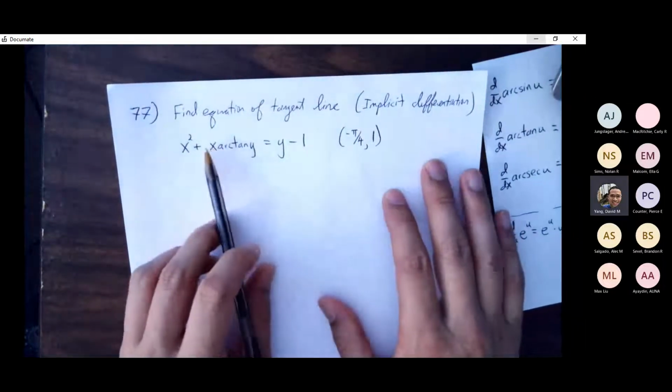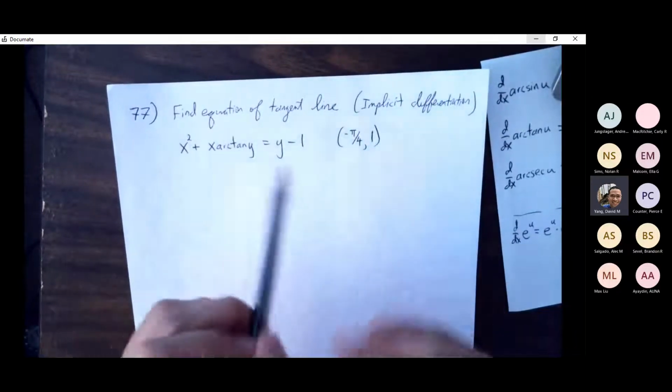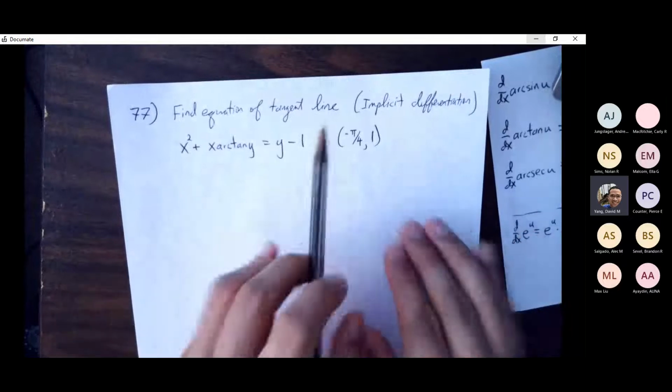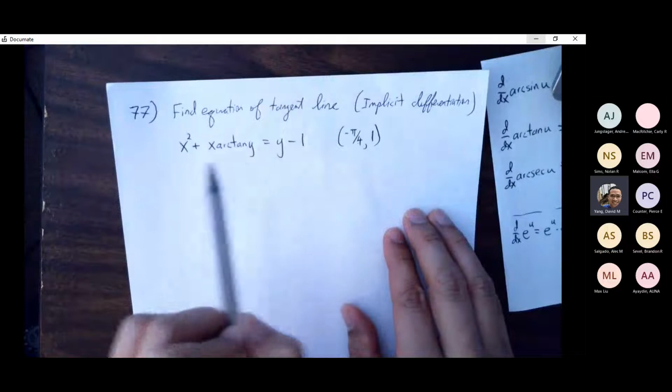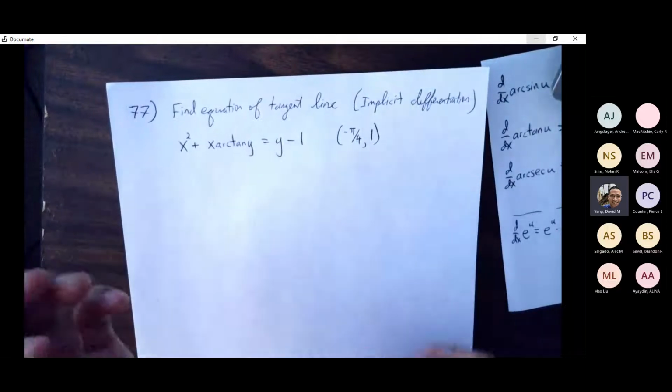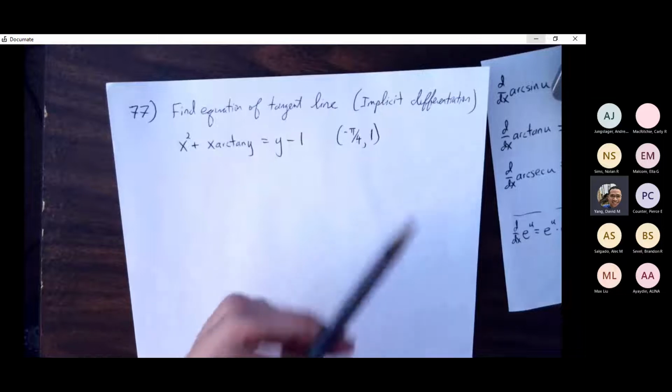I'm going to find the derivative. From that derivative, I can isolate dy dx. Once I get dy dx by itself, that's basically my y prime. And then I'm just going to insert the x, y ordered pair into the derivative to get my slope. And then just like the previous process, I'm just going to do equation of tangent line.